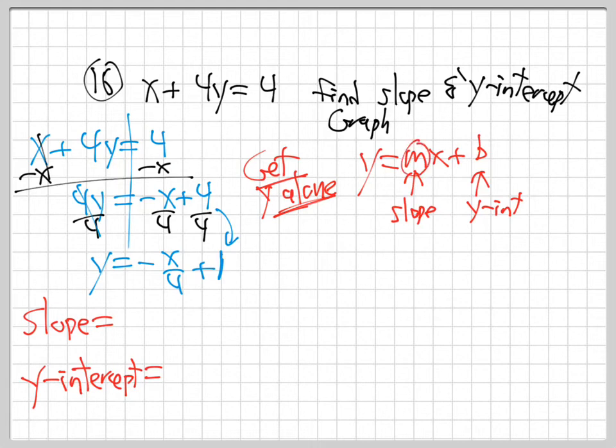So the slope is whatever's next to x. So what's next to x? Good, yeah. There's really an understood 1 up there, isn't there? An invisible 1. So the slope is negative 1/4. There's that whole fraction next to x, really. Right? Negative 1/4. And what's the y-intercept? Yeah, it's just the 1. And from that information, can we graph this thing? We can. Let's graph her.